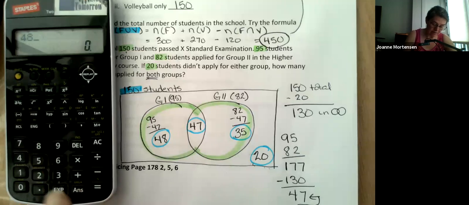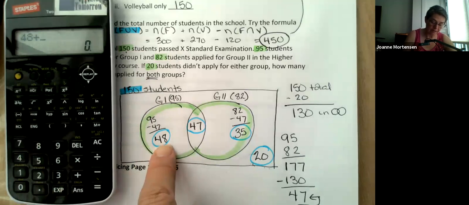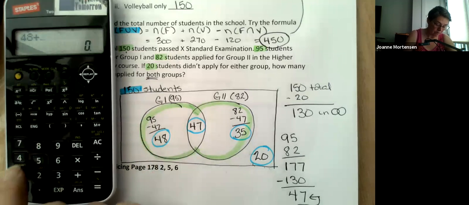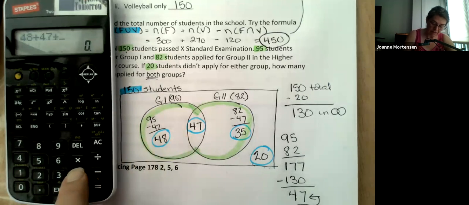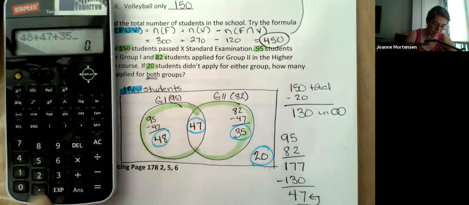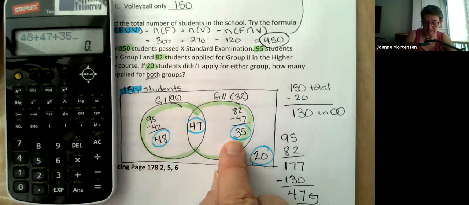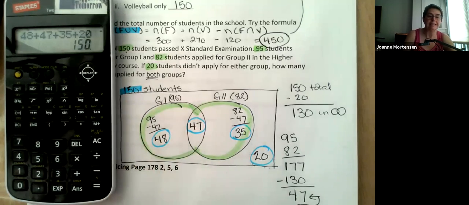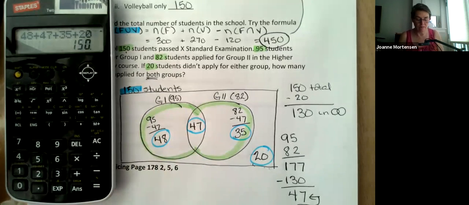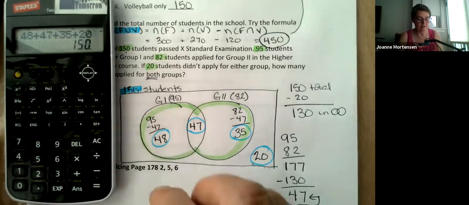So 48, that's the ones that apply to group 1 only, plus 47, those are the ones that apply to both group 1 and 2, plus the 35 that applied to group 2 only, plus the 20 that didn't apply to either of those. Yes, there we go. We are golden. We have the 150.